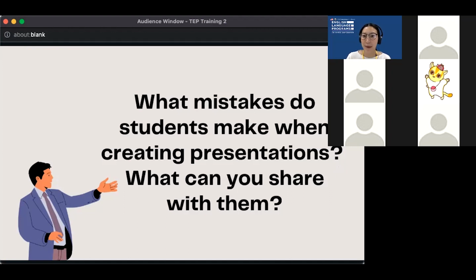I'll give everyone about a minute to share what are some of the mistakes and what can you help your students do in order to make their presentation slides better. For example, I might tell students to not use red and green together.